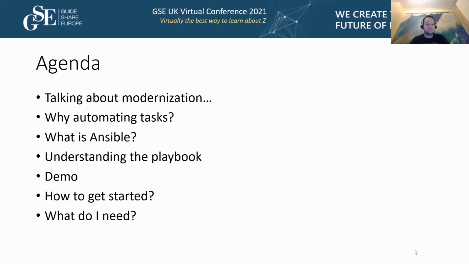Just to give a brief introduction about what we are going to see here. The idea of the session is mainly to understand some aspects of modernization, because we want to see where Ansible fits, and in my point of view, where's the best place to get started with Ansible.